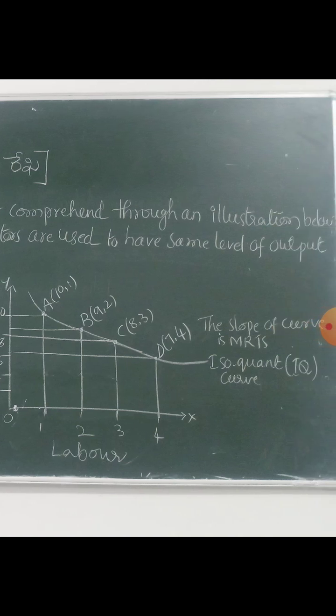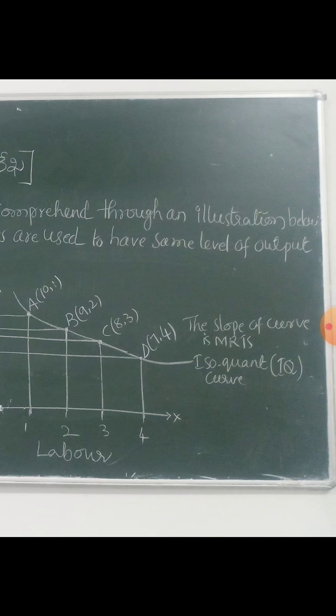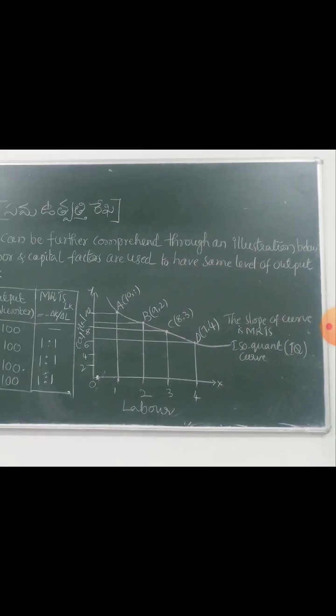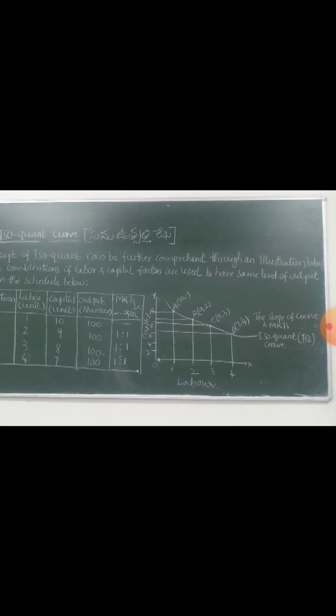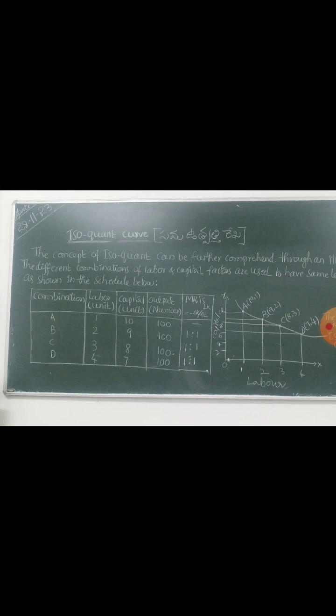It is called the iso-quant curve. The slope of the curve is also called the marginal rate of technical substitution. This is the diagram and schedule of the iso-quant curve, and I think you have to understand how the schedule and the curve are obtained.